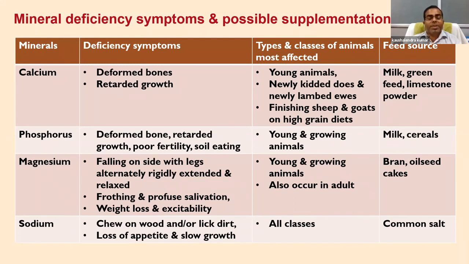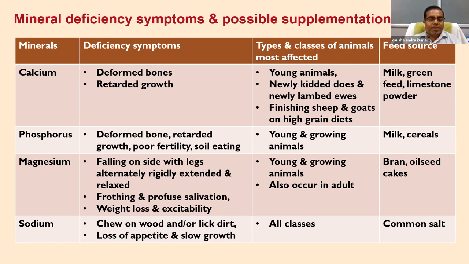Frothing and profuse salivation may be seen, and weight loss and hyperexcitability is one of the major concerns, and farmers may see the hyperexcitability during magnesium deficiency. Young and growing animals are mostly affected, but sometimes adults are also affected. And grain byproducts and oil seed cakes are a good source of magnesium.